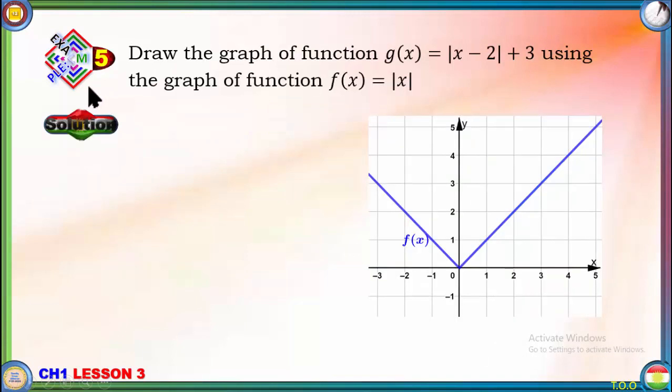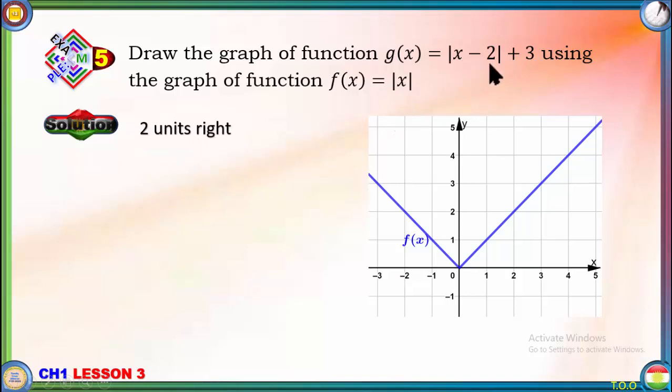Example number 5. Drawing graphs using transformation. Draw the graph of the function g(x) equal absolute value of x minus 2, plus 3, using the graph of the function f(x) equal absolute value of x. To draw the graph of g(x), as you can see, we have 2 units right, because x minus 2.